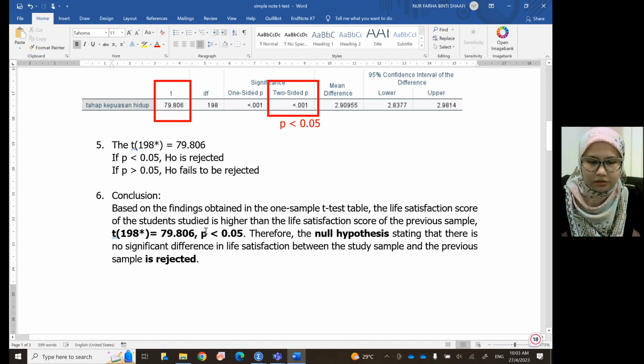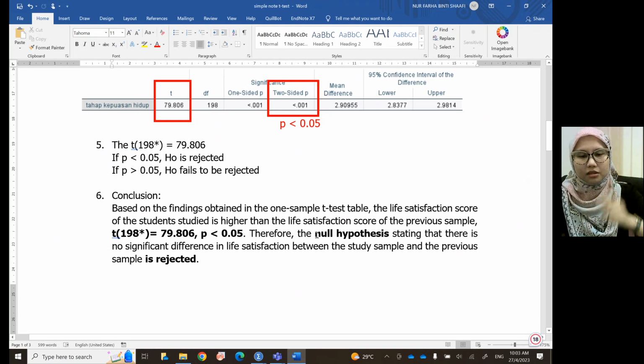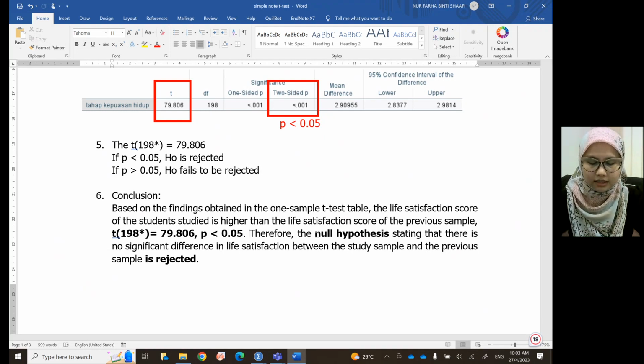Okay, from this t value, your p, okay, your significant value is less than 0.05. Therefore, the null hypothesis H0 stating that, what is your null hypothesis stated just now, you refer from the top one. Okay, your null hypothesis and your alternative hypothesis. So please state in your report as well.